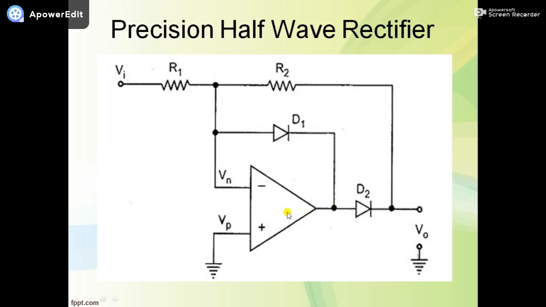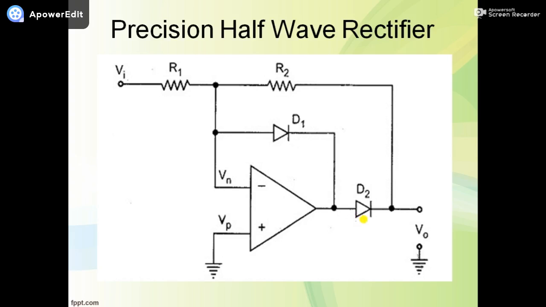When the output of the op amp is negative, this negative is connected to the negative of D1, and negative is connected to the positive of D2. At this time the diode D1 becomes forward biased, and the diode D2 becomes reverse biased.